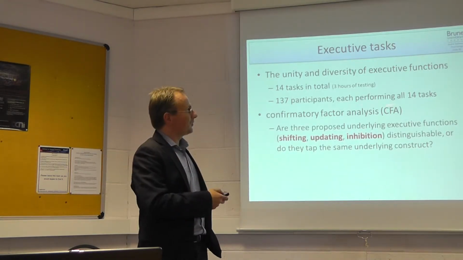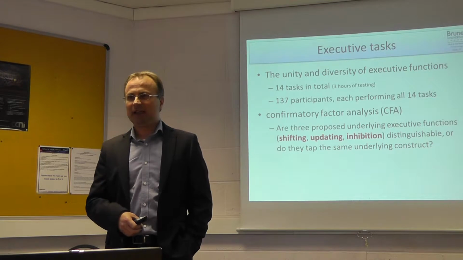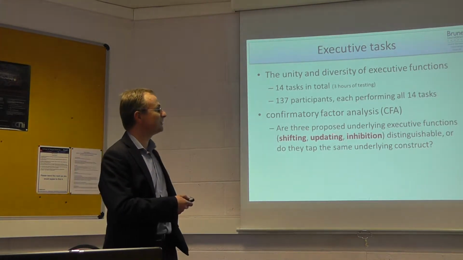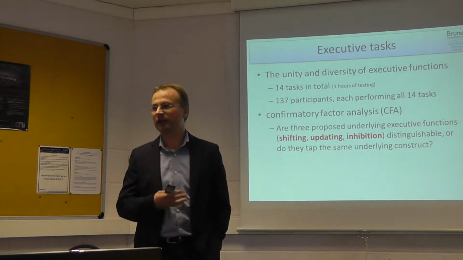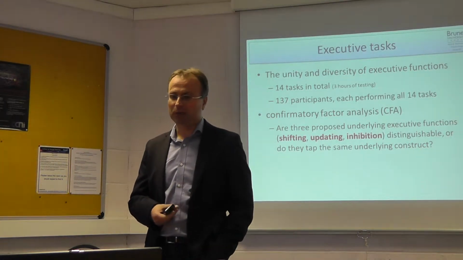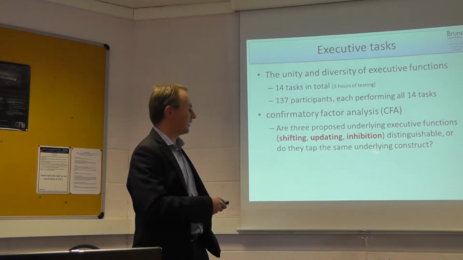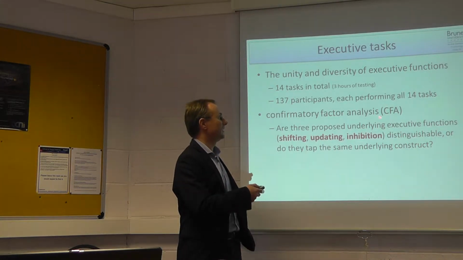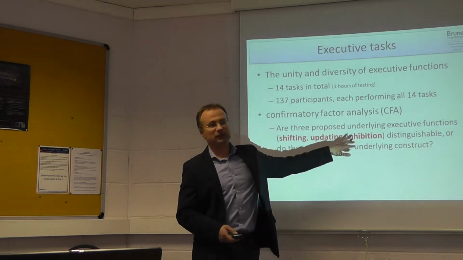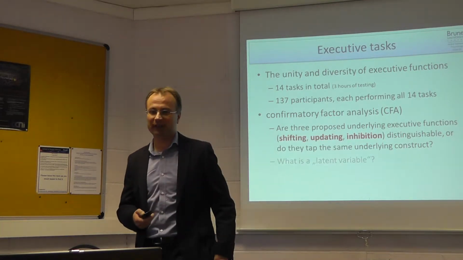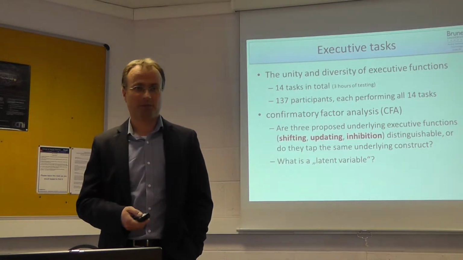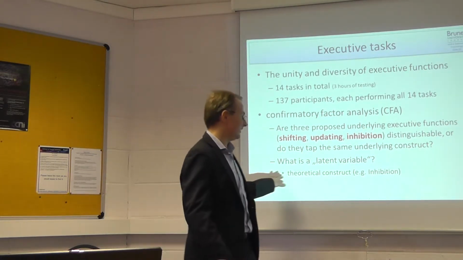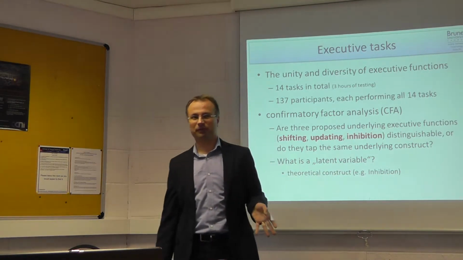So they asked the question whether 3 proposed executive functions, and they chose shifting, updating, and inhibition as the core executive functions, are distinguishable or whether they tap the same underlying construct. In this nomenclature, the things they want to assess are called latent variables. A latent variable is basically a theoretical construct, like inhibition.